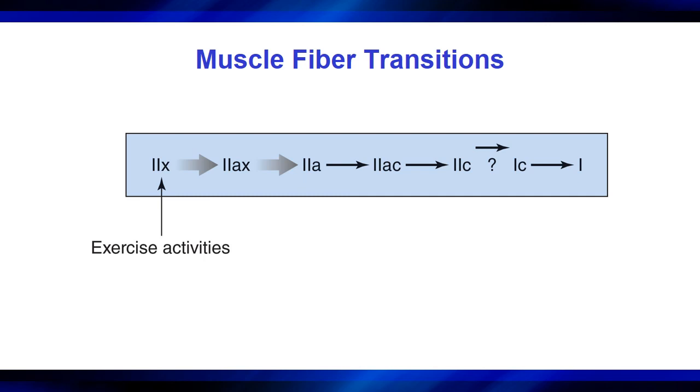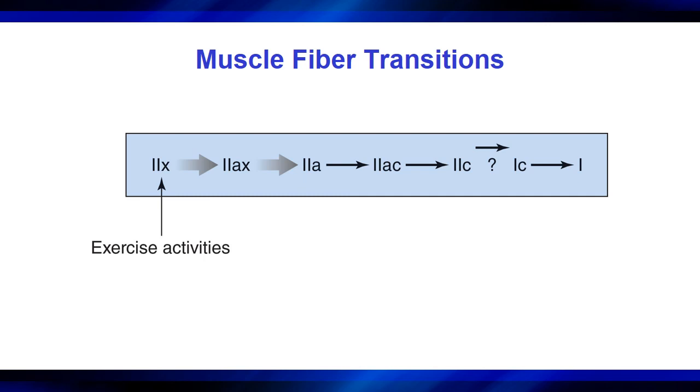It appears very unlikely that could happen, although there's the belief that we should study whether individuals with a high percentage of type 1 fibers, if they follow a higher intensity resistance training program, do change those types. We haven't seen those changes quite yet. We do see transformations from type 2X to type 2AX to type 2A, and then there's a small percentage of change of type 2AC and type 2C.